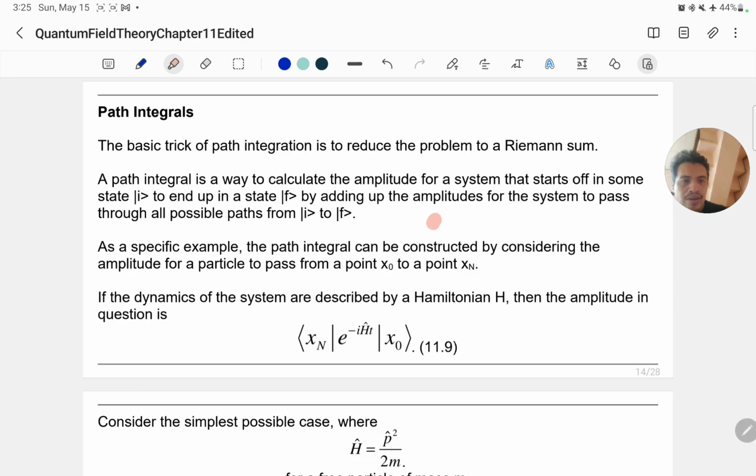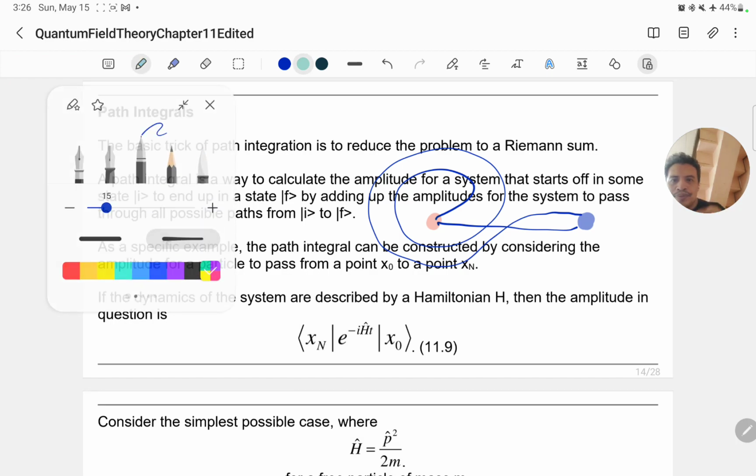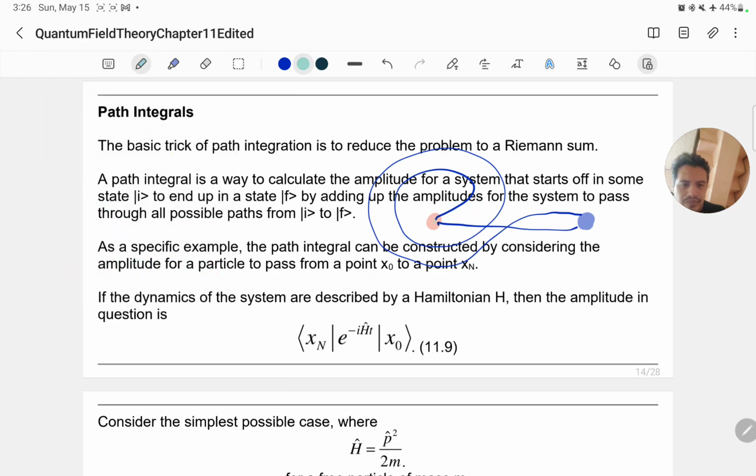So if you have an initial point and a final point, there are all sorts of paths you can take. You can go in a straight line, you can go in this kind of path, or you can go to the final point with that path, or even this path.